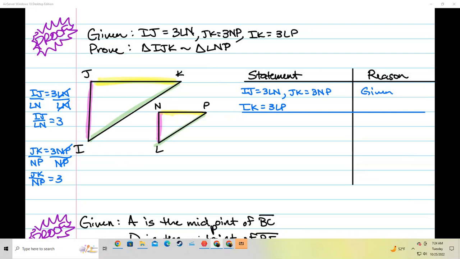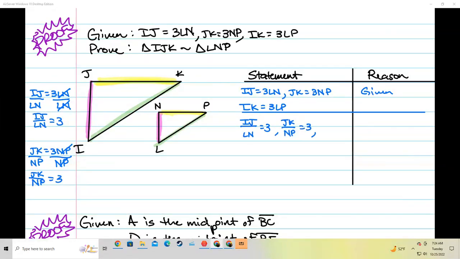Okay, so we need to write all that down. I'm going to go ahead and write it right here. Notice all this work is kind of like this side work. I divided to get this. I know that ij divided by ln is equal to 3. Why? Because I divided. I know that jk divided by np is equal to 3.